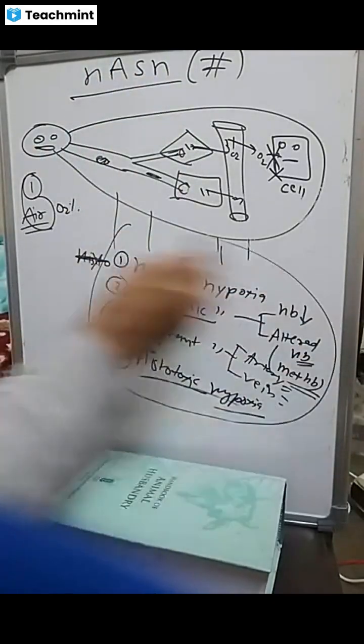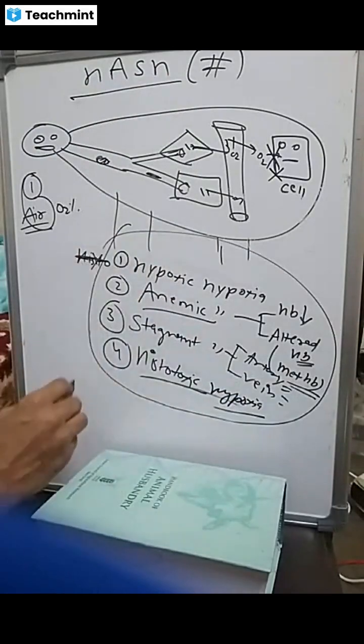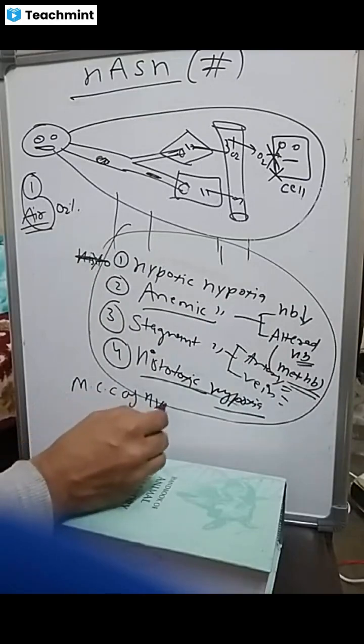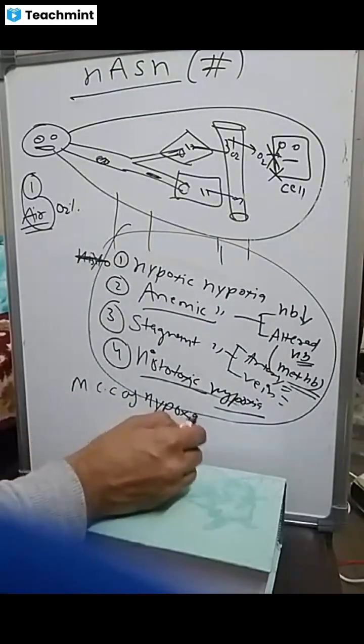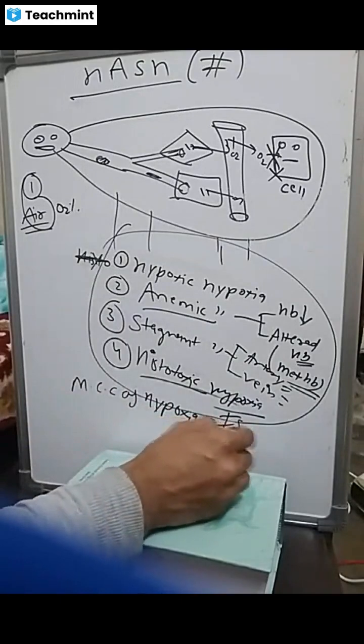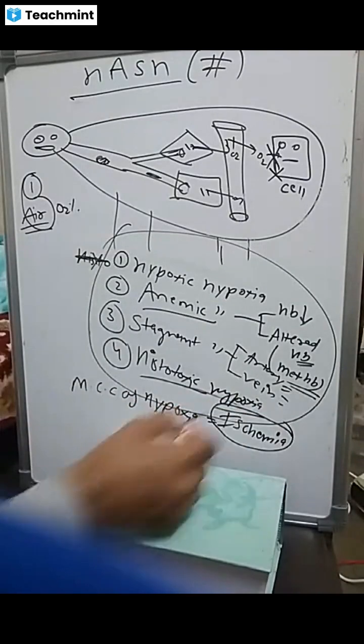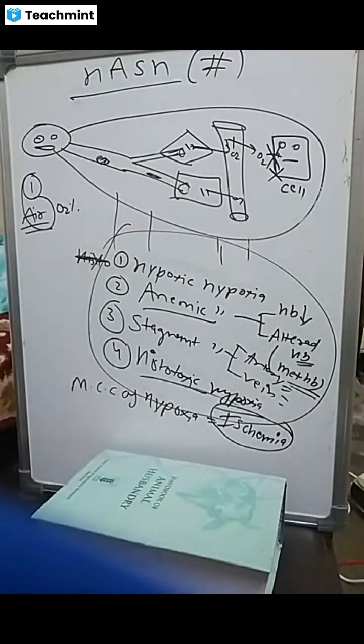Out of these four, the most common cause of hypoxia is ischemia. Most common cause of hypoxia is ischemia, meaning the problem related with the flow.